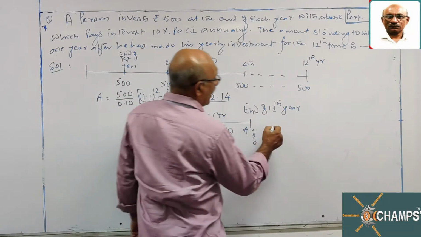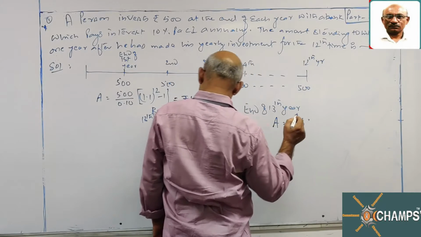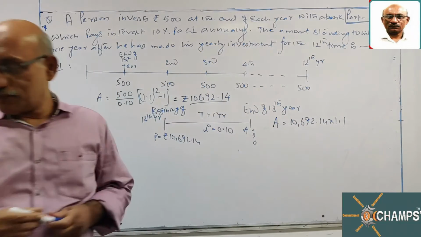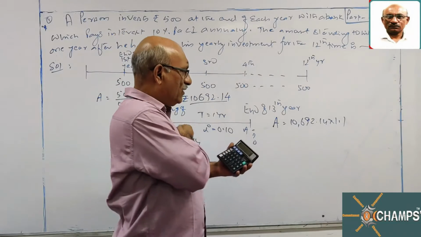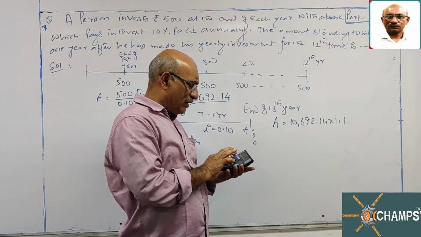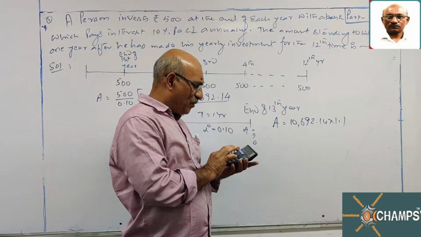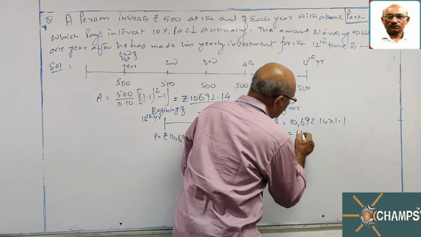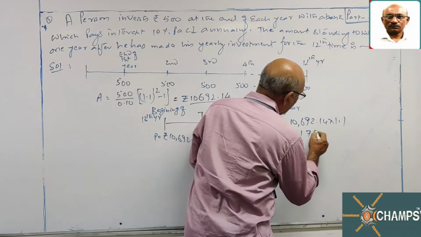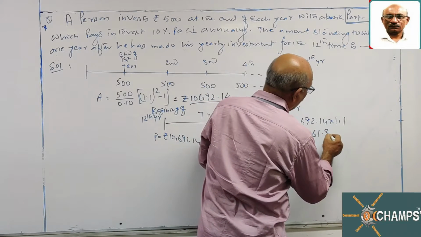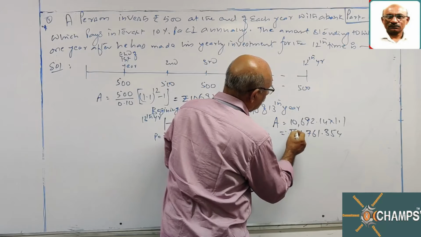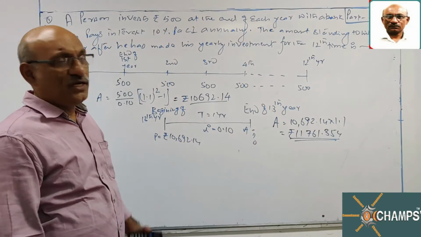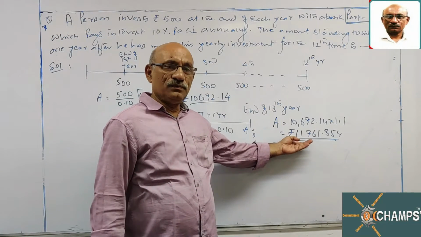So amount is equal to 10,692.14 into 1.1. This is 11,761.354. This is the value.